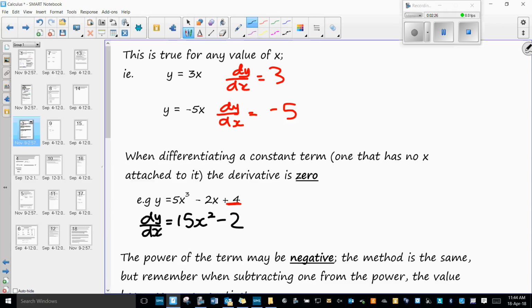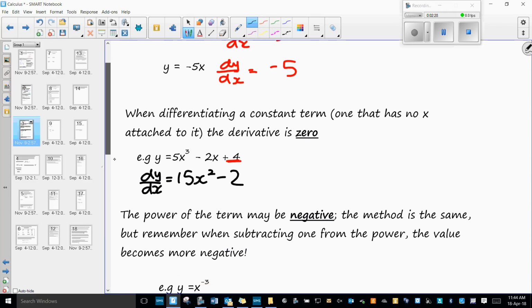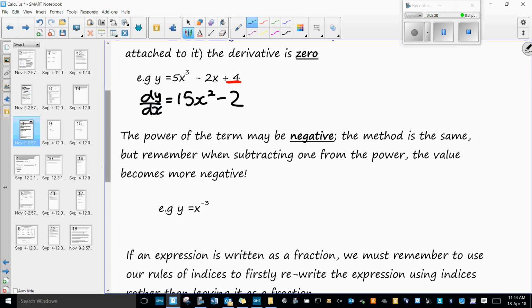Now, the power of the term may be negative. The rules are just the same, but you have to be careful here, because when we're subtracting 1 from it, it's going to become more negative. So here, if I've got y equals x to the negative 3, then dy dx would be negative 3 x to the power of negative 4.